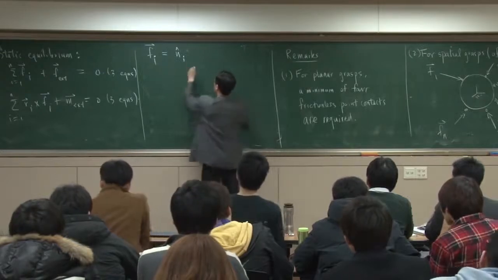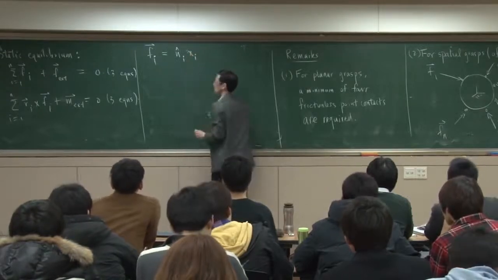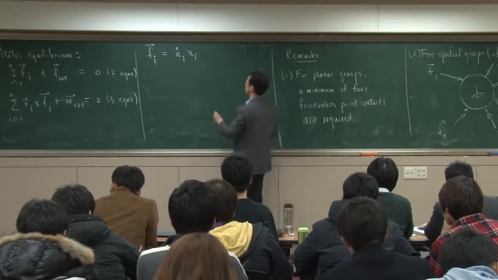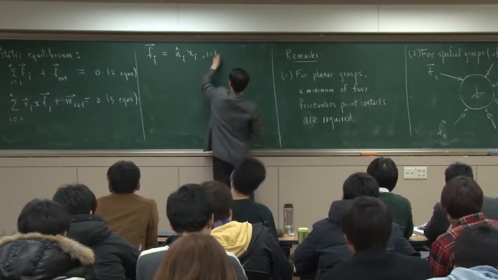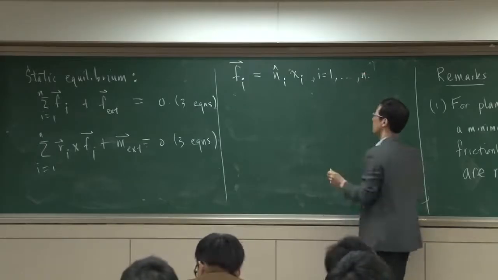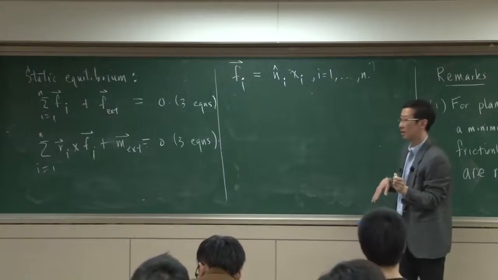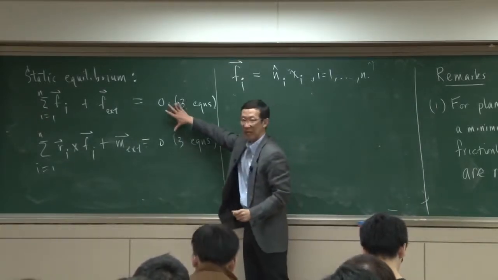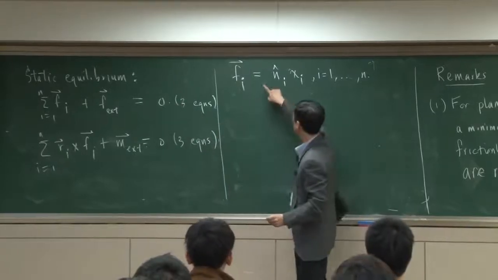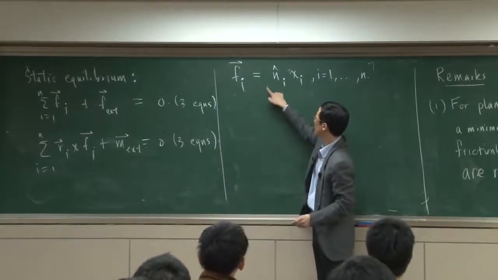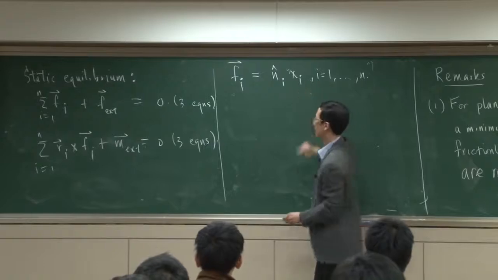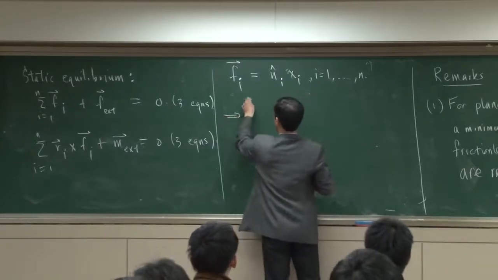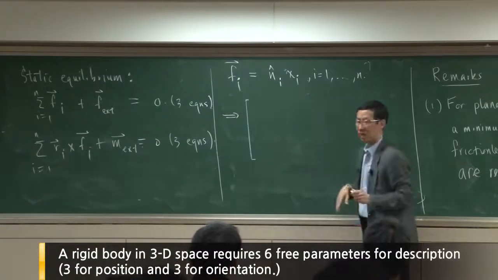And then the magnitude is x sub i, i from 1 through n. Now if we write the static equilibrium equations with the force in this form, we get the following set of equations.